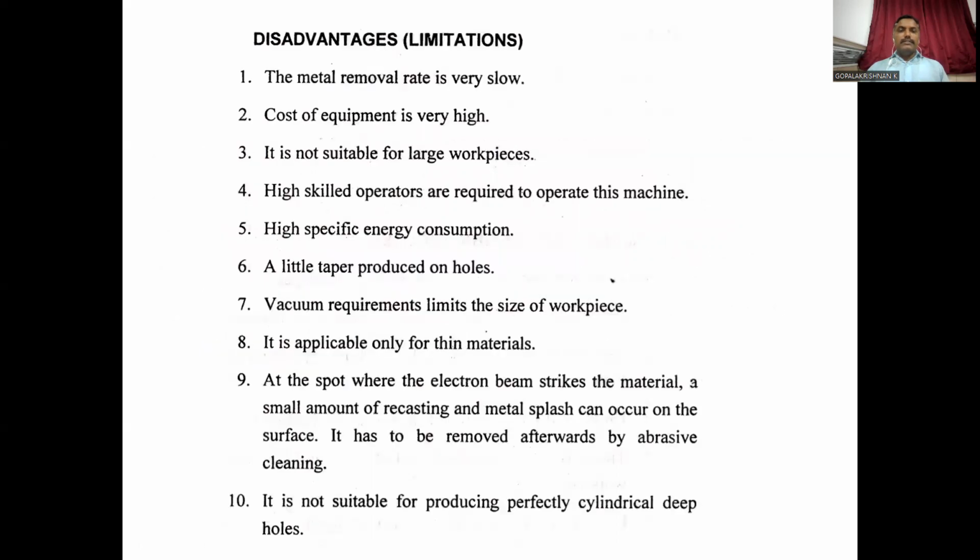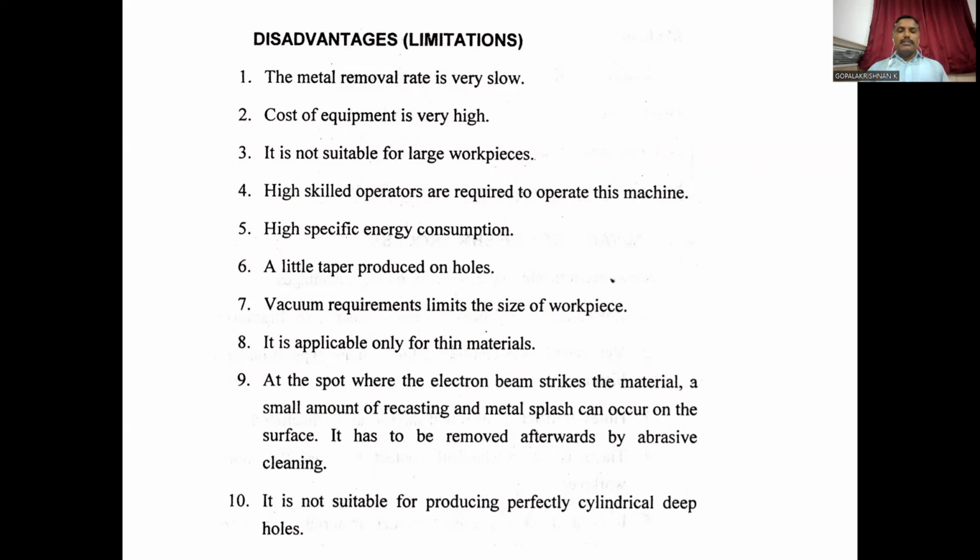Some of the limitations of the EBM process are: the metal removal rate is very slow, cost of equipment is very high, it is not suitable for large workpieces, highly skilled operators are required to operate this machine, high specific energy consumption, a little taper is produced on holes, and vacuum requirements limit the size of the workpiece.